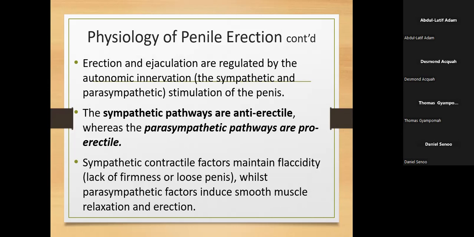Now, but these two phenomena are under the autonomic nervous system, the ANS. I'm sure you can cast your mind back. The autonomic nervous system is made up of the parasympathetic nerves and then the sympathetic nerves.